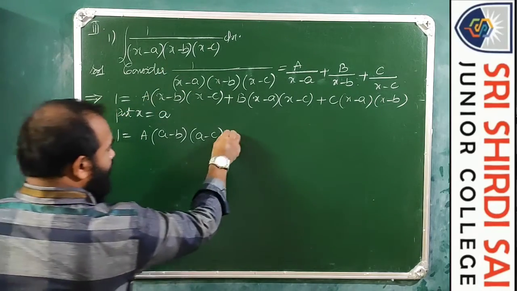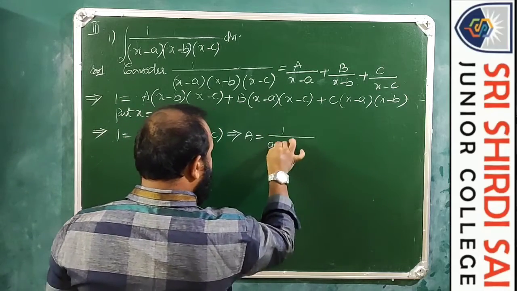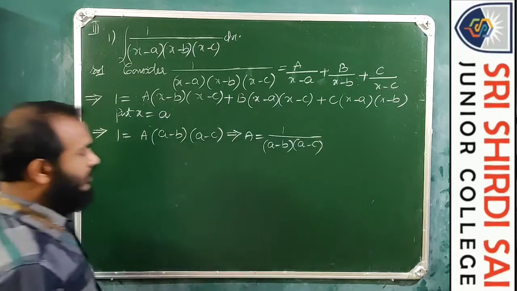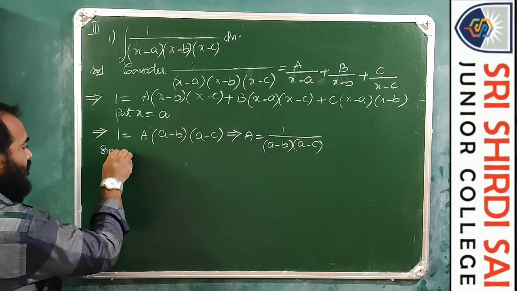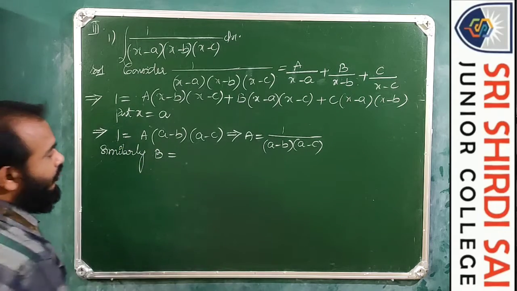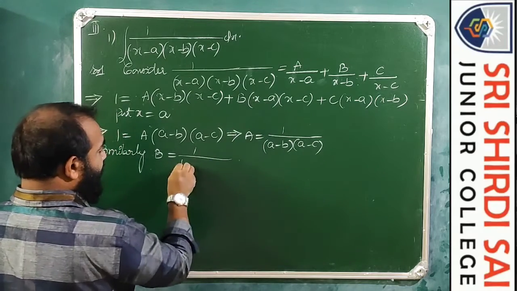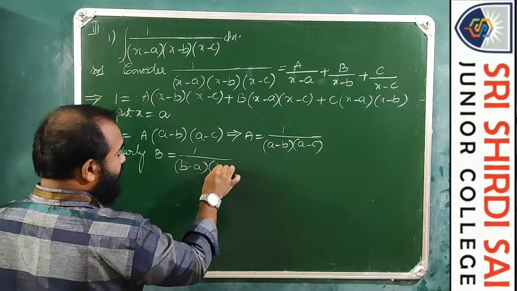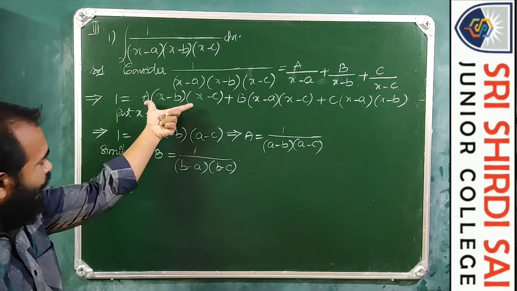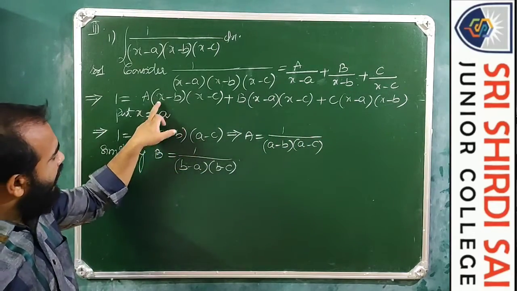From this, A is equal to 1 by (a minus b) into (a minus c). Similarly, B is equal to 1 by (b minus a) into (b minus c), because to obtain the value of A, we only have this, these two get cancelled.